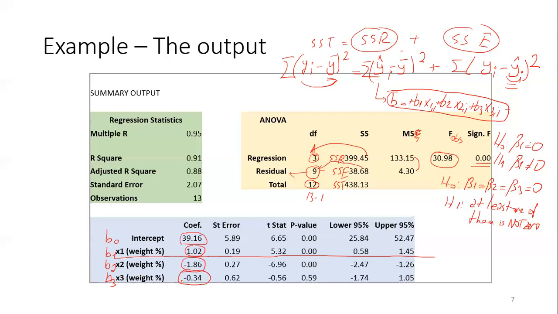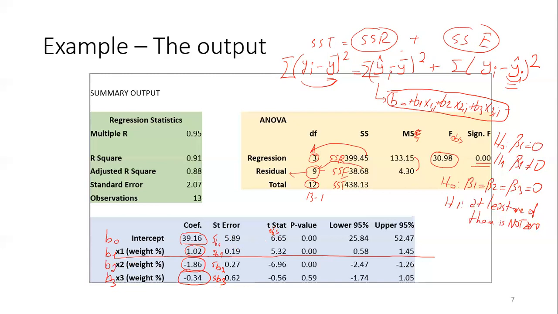These are the estimates for B0, B1, B2, and B3. And these are the standard errors: S of B0, S of B1, S of B2, and S of B3. And these are the t statistics, the t observed values.